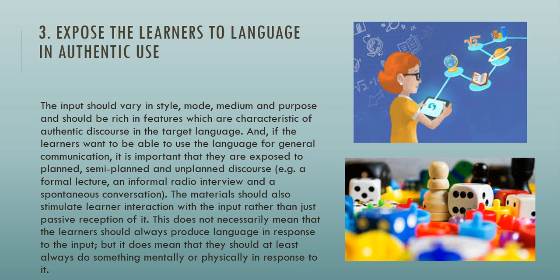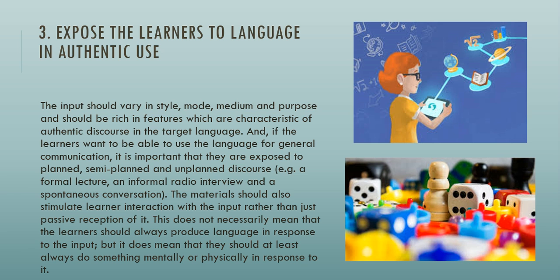Third, expose the learners to language in authentic use. The input should vary in style, mode, medium, and purpose, and should be rich in features which are characteristic of authentic discourse in the target language. If the learners want to be able to use the language for general communication, it is important that they are exposed to planned, semi-planned, and unplanned discourse.